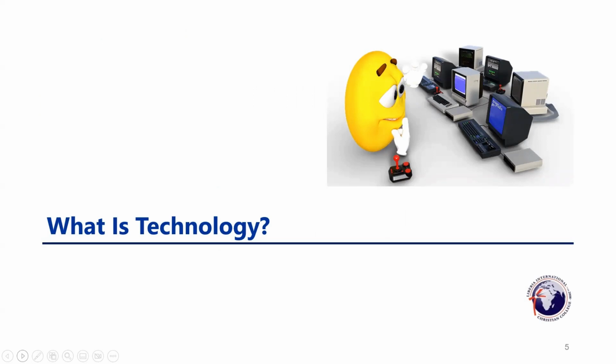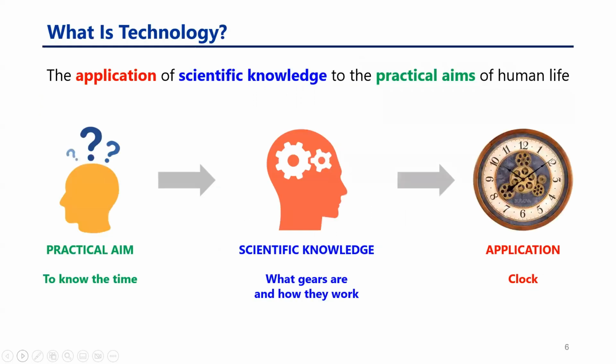Let's take a look at what technology is. A dictionary definition of technology is the application of scientific knowledge to the practical aims of human life. Let's break that down by looking at the illustration below. For example, we may have a practical aim, this is on the left, of knowing what time it is.